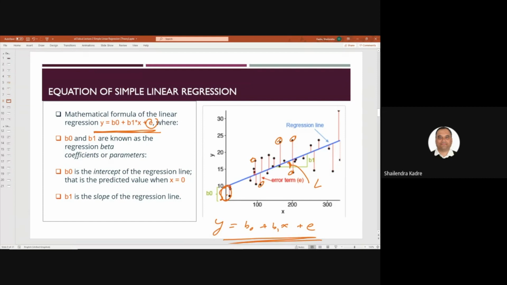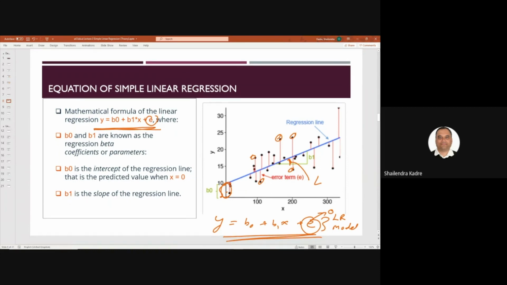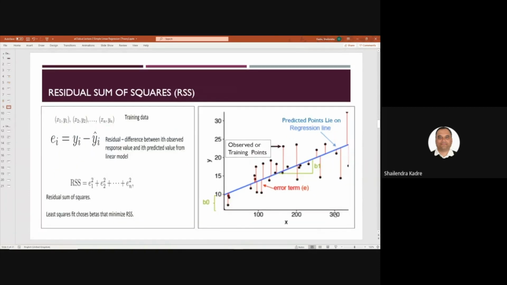I have told you multiple times now, this is our LR model. What we want is error terms as close to 0 as possible, because then our model will truly represent the observed points. This is how we define it in more technical terms.